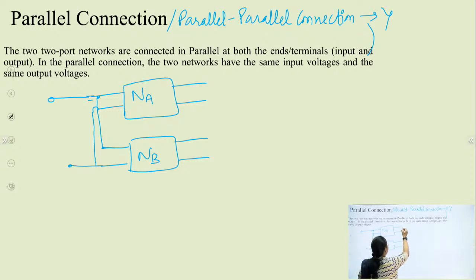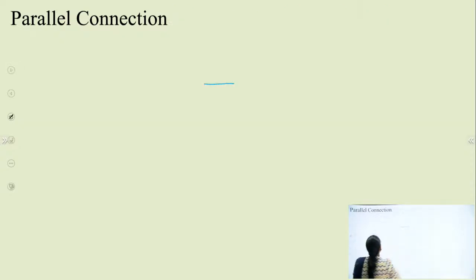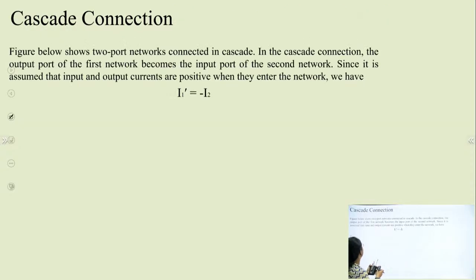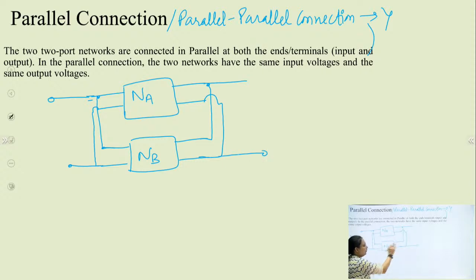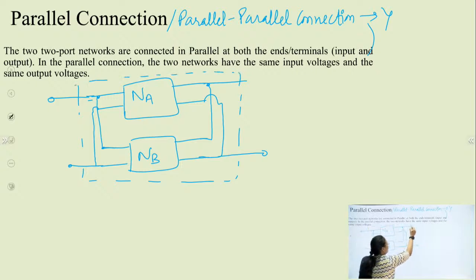Similarly here, the upper terminal will be connected with the upper terminal of network B, and the lower terminal, that is the negative terminal, will be connected with the negative terminal of network B, right? So this is now the overall network in which we have connected the two networks in parallel.